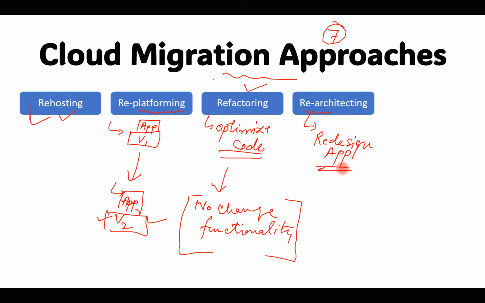Also, we need to utilize cloud native services and infrastructure to get the full advantage of the cloud because we are migrating to the cloud. That means we want to take advantage of the cloud platform. So there are many benefits: we can maximize the benefits of the cloud environment, we can improve the performance and scalability, and also we can enhance features and functionality of our application.